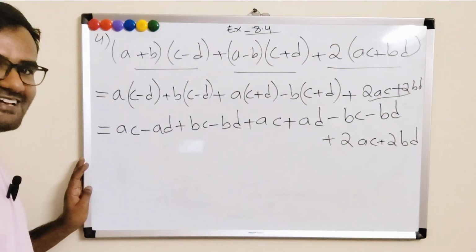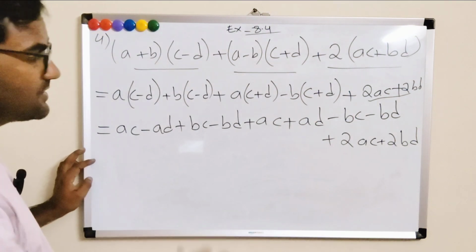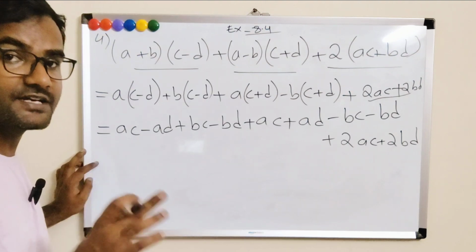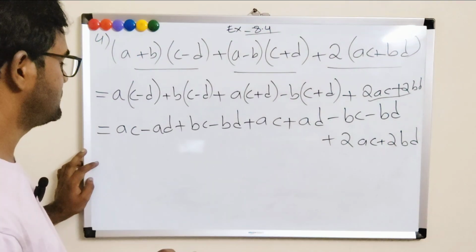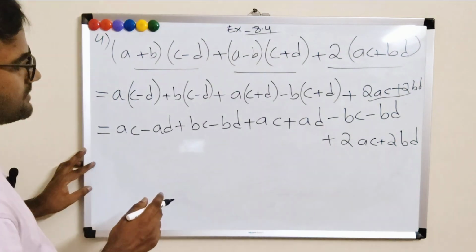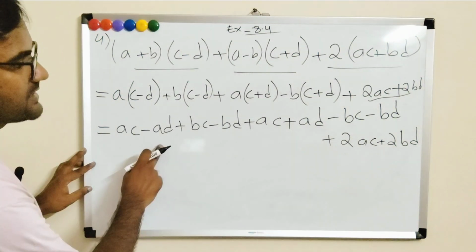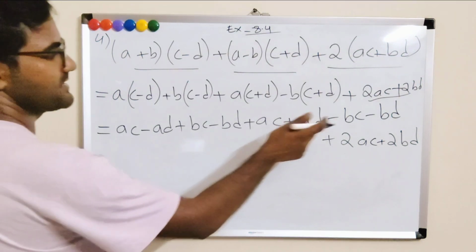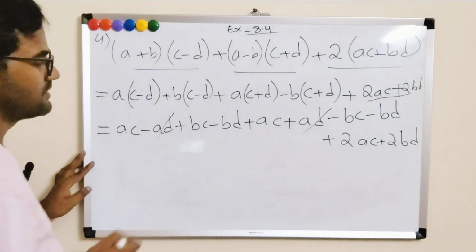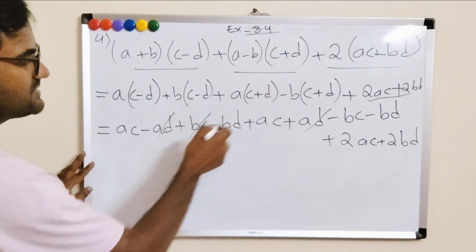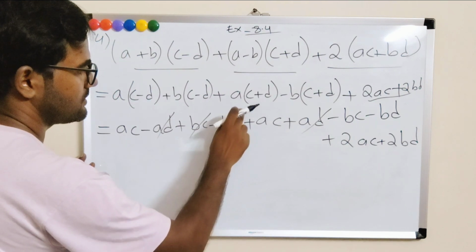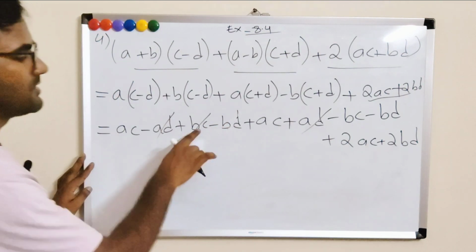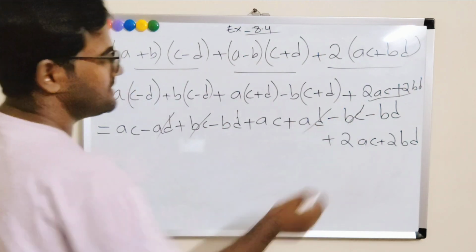Take it easy, right? Now we will try to see if we can cut anything. Let us see. So yes, we can cut this AD plus AD minus AD, right? So this is gone. Now plus BC minus, sorry, not this one. All right, plus BC minus BC.